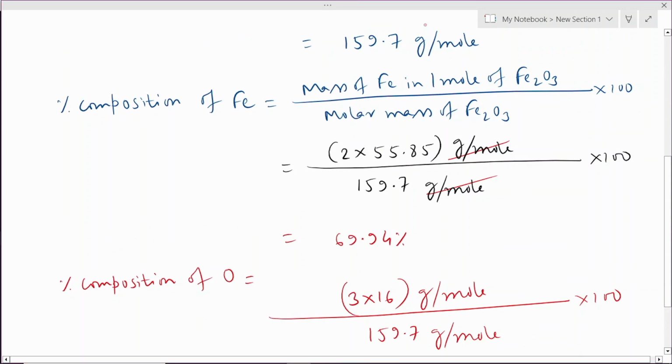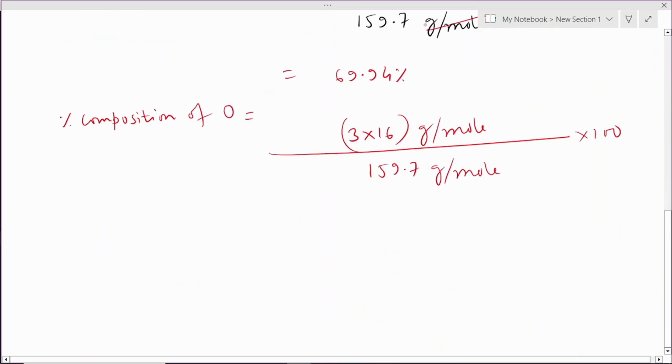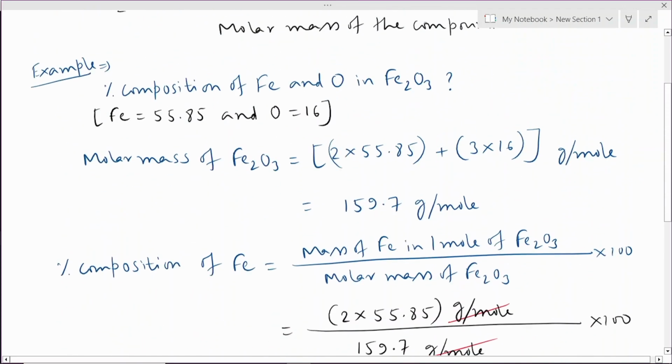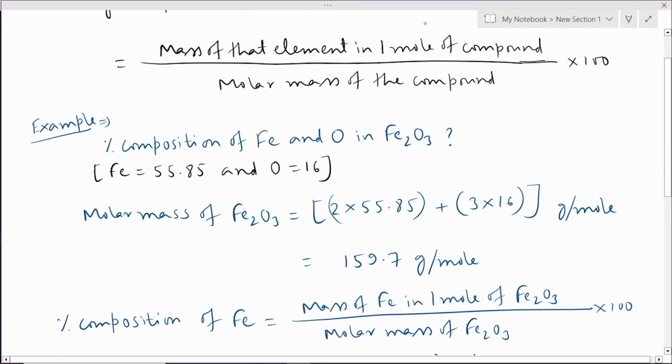And we get 30.06%. This is how we calculate the percentage composition of an element in a compound.